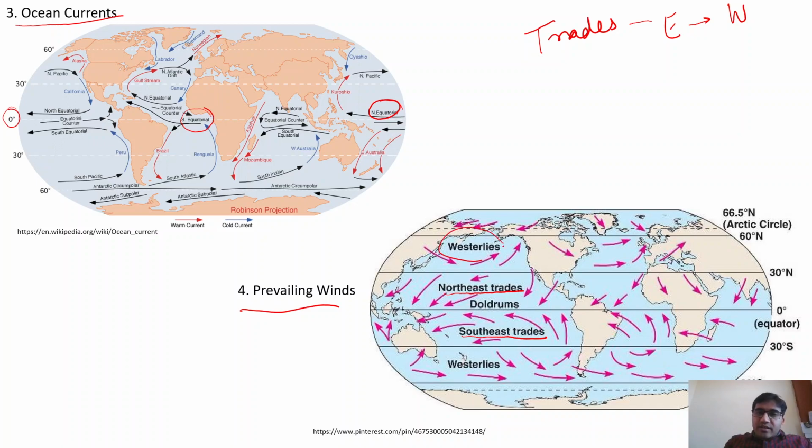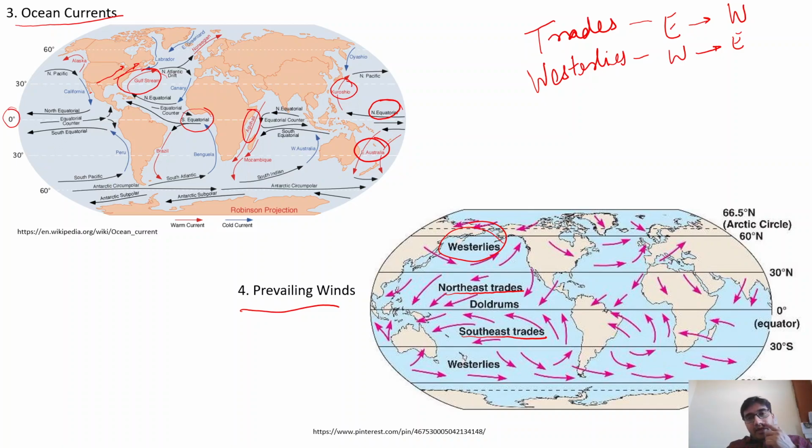Then see these westerlies. Westerlies start from the west and go towards the east. So if this is the direction of motion of westerlies, you can see the direction of the Gulf Stream, then the Kuroshio current, then this East Australian current, then the Agulhas current. All these are warm currents. They carry warm waters. Okay.